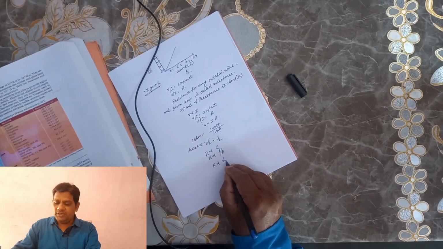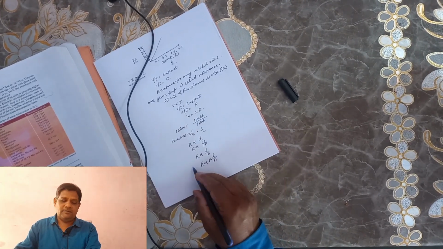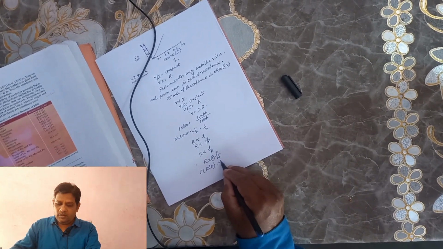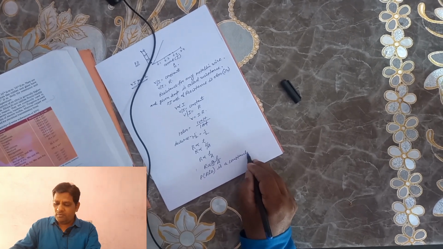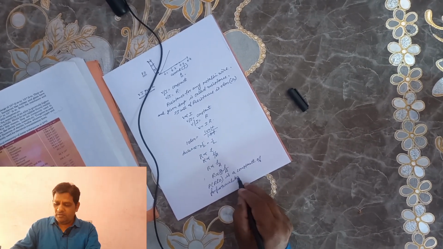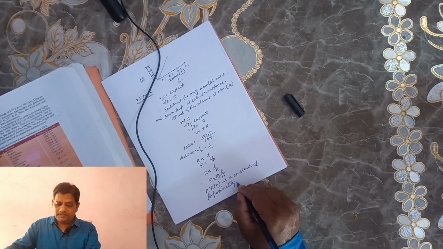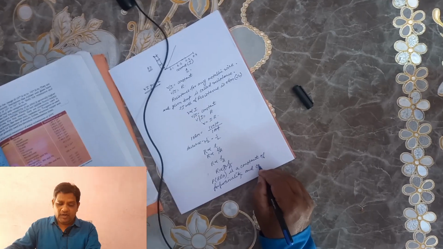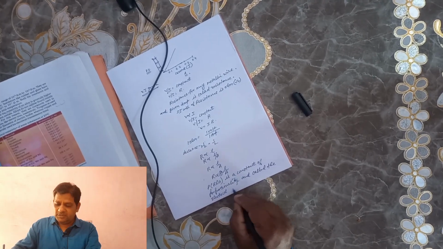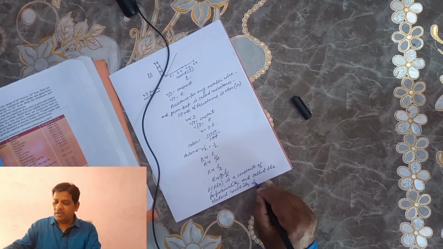So R is proportional to L by A, or R equals rho L upon A, where this rho is a constant of proportionality, also called the electrical resistivity of the conductor.